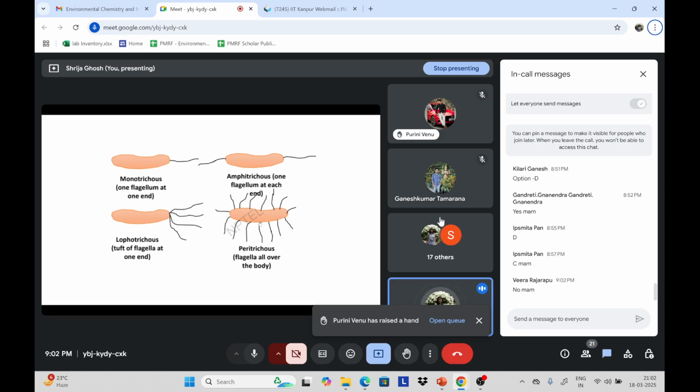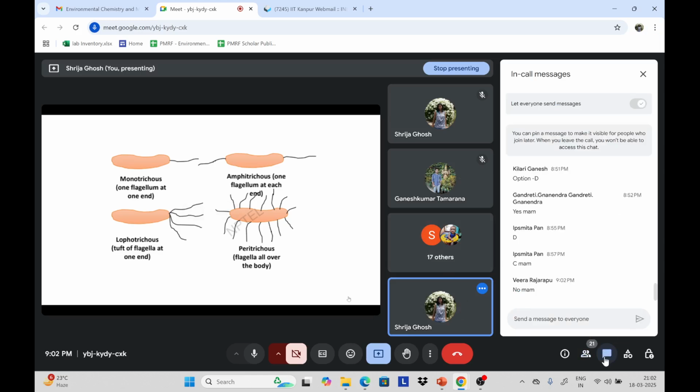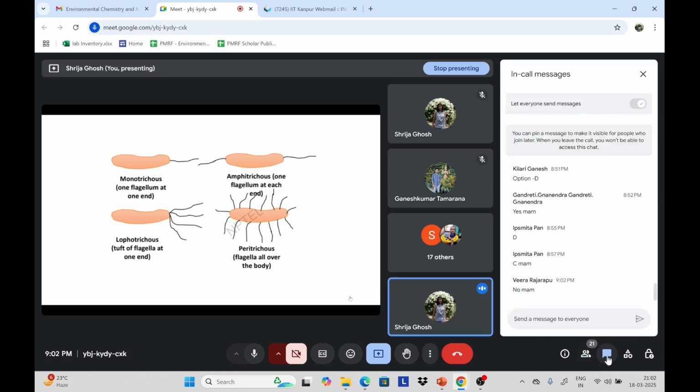Yes, someone is raising hand. Do you have a question? If there are no questions, then I think we can end this session.